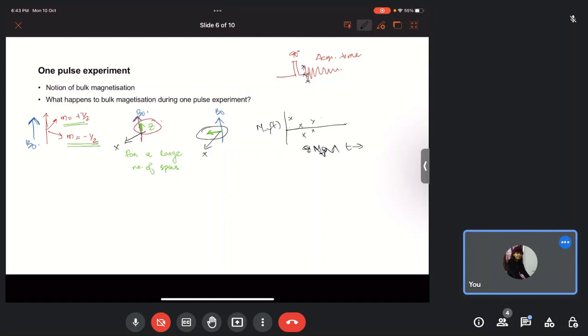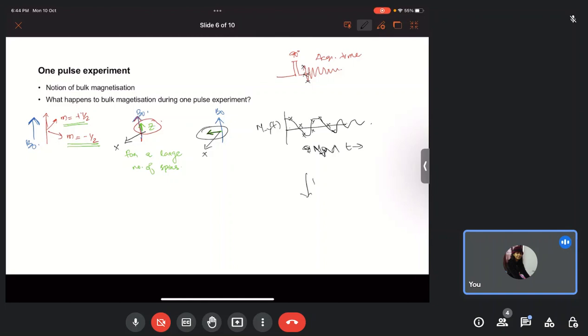You detect how much the magnitude of this magnetization is at different time points in this particular axis, and by plotting it as a function of time, we get a time domain signal.